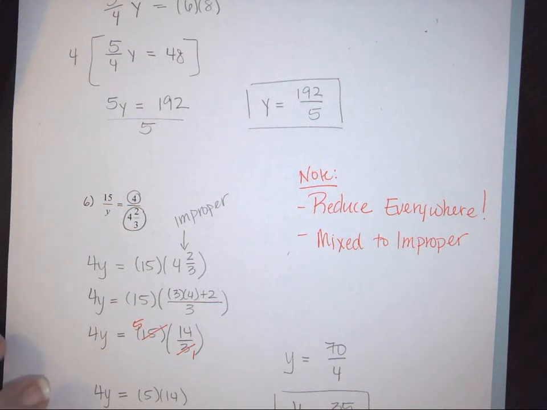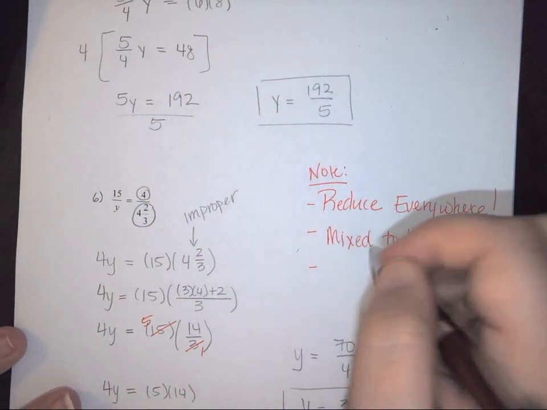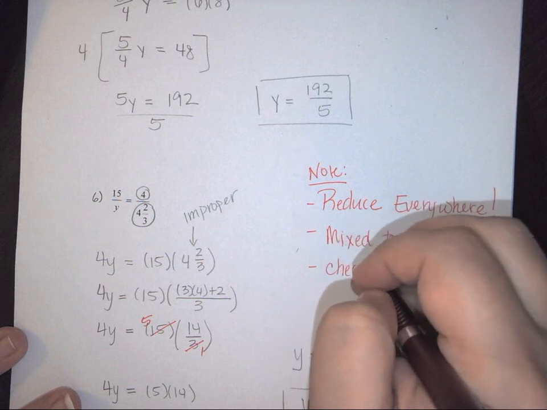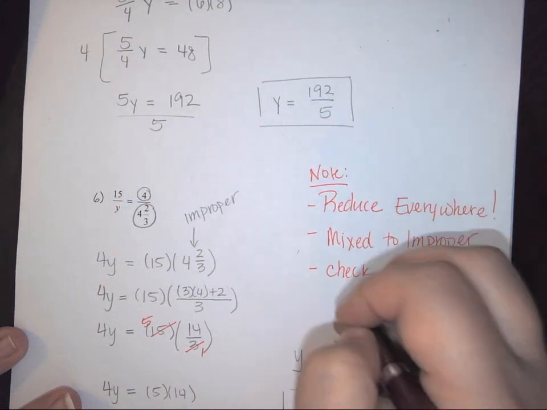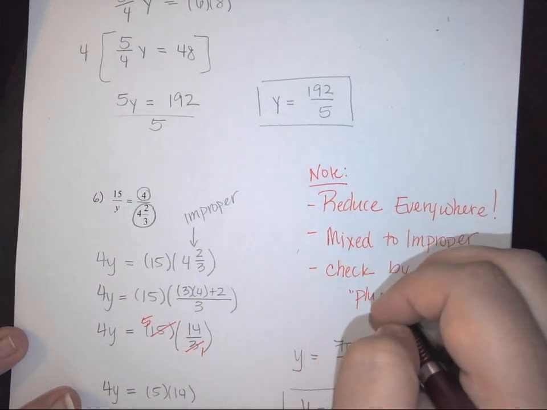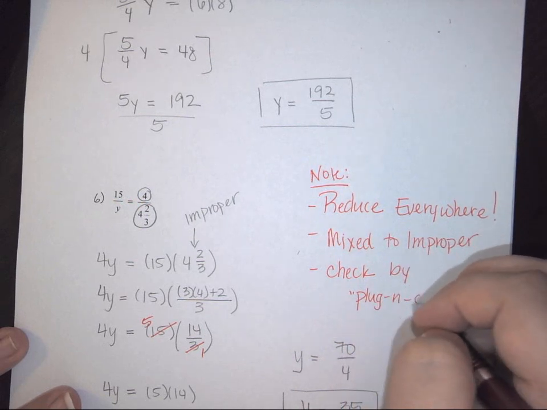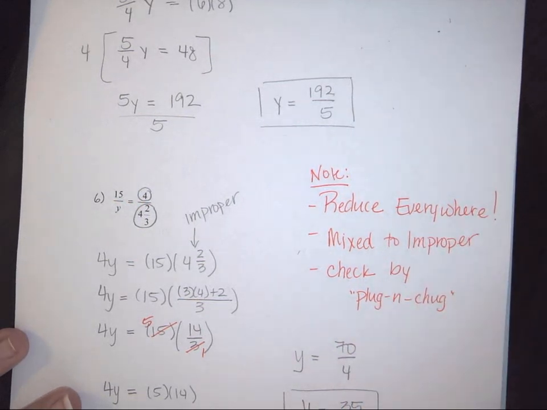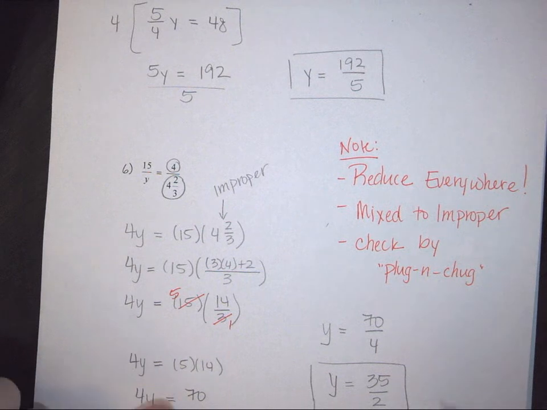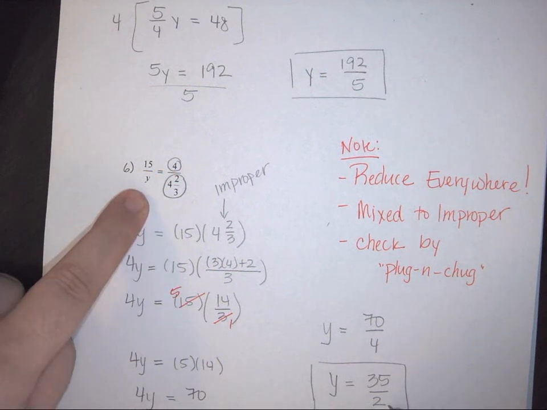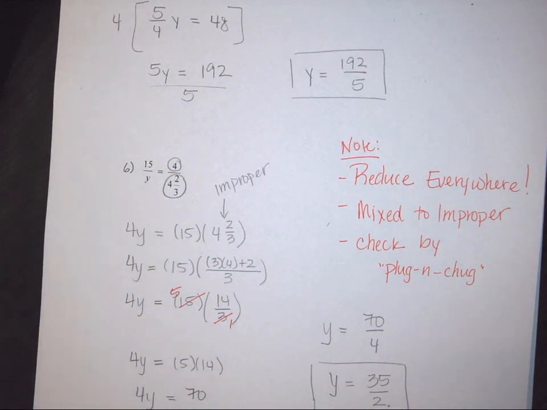Okay? And then the third thing is you can always check your work by using what I call the plug and chug. What that means is you take the answer you get, plug it in for where y is, and then you retest to make sure your proportions equal each other.